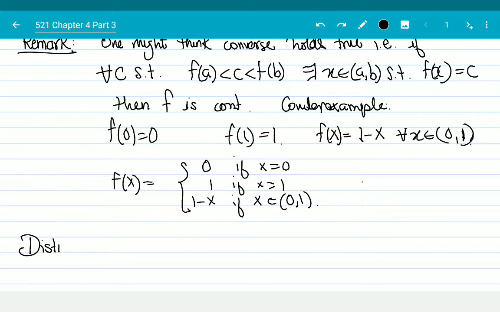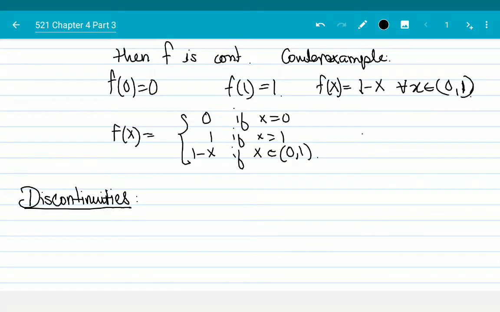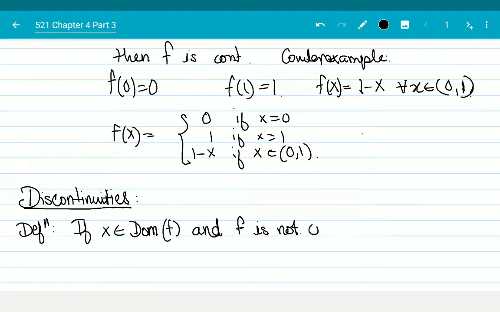What are discontinuities? Definition: if x belongs to the domain of f and f is not continuous at x, then f is said to have a discontinuity at x.